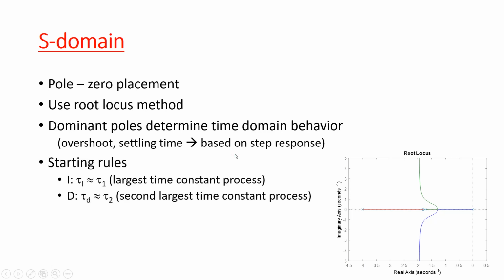So starting rules could be that you define the integral time constant as the largest time constant of the process, and for the D action you can define the time constant of your derivative action of your differentiator to the second largest time constant of your process.